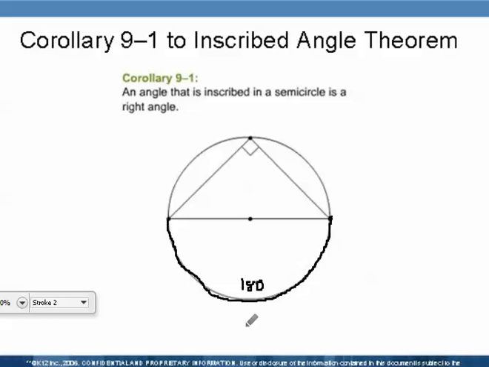If that arc is 180 degrees, the angle that inscribes it, which would be this angle right up here, is going to be half of that 180 degrees, or 90 degrees. So yeah, I can see that if I have a semicircle, I have a 90-degree angle. And that becomes easy for us to use a semicircle to get a 90-degree angle.